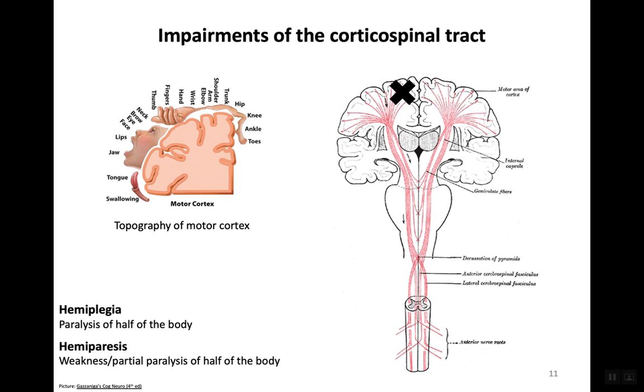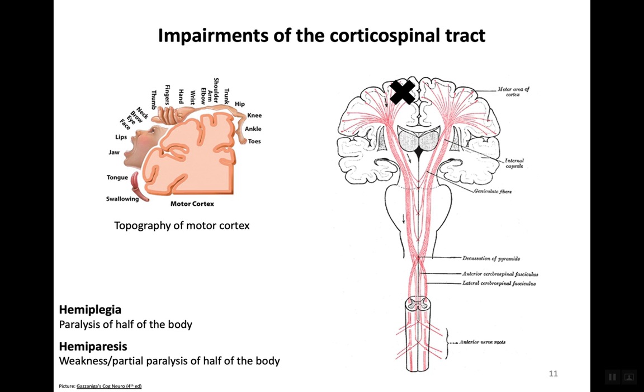And we also know that the corticospinal tract, which originates in the motor cortex and then dives down through the midbrain into the spine, decussates at the level of the medulla. So that means that the left motor cortex would control the right side of the body, and the right motor cortex would control the left side of the body.